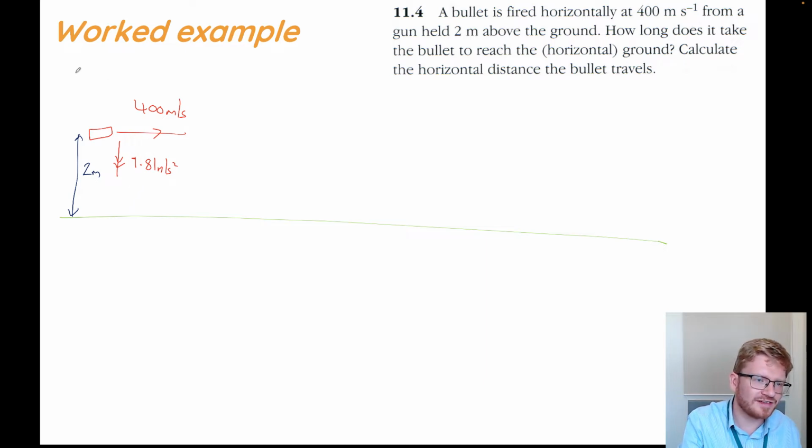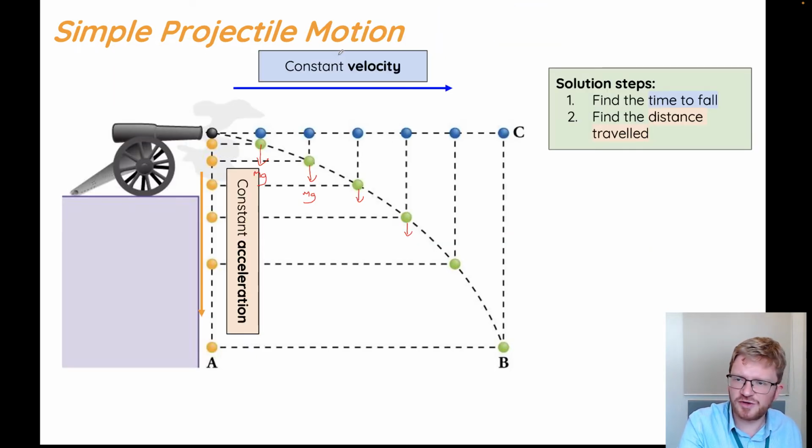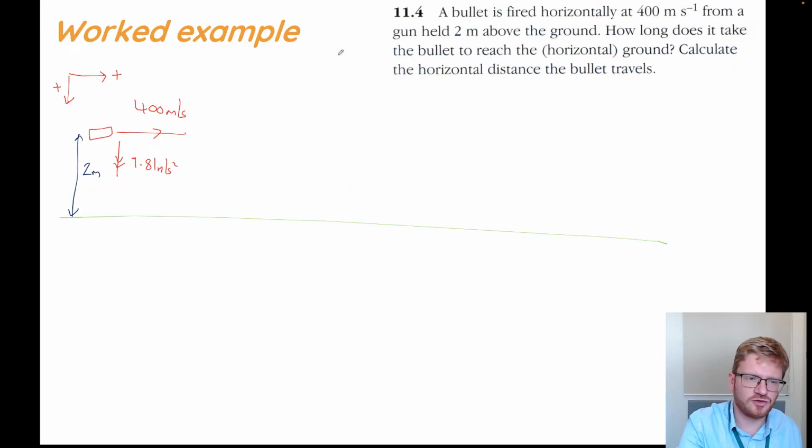Now, always in physics, we're dealing with vectors, so we can choose what directions to make positive and negative. To make it nice and easy, I'm going to call the downwards direction positive, and I'm going to call the rightwards direction positive. So anything else would be negative. If we go back to my steps, I said the first thing to do is find the time taken to fall.